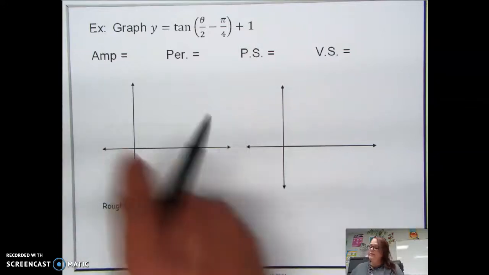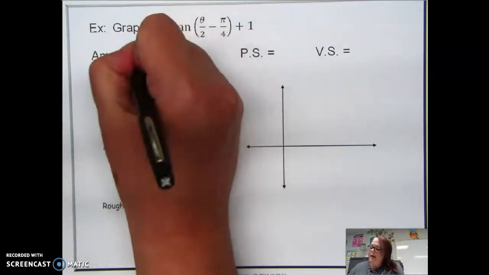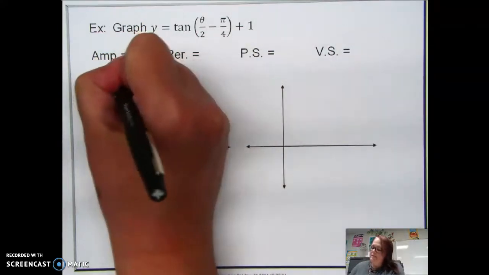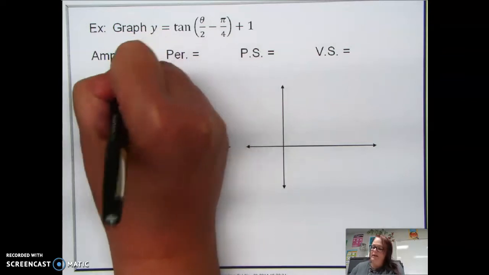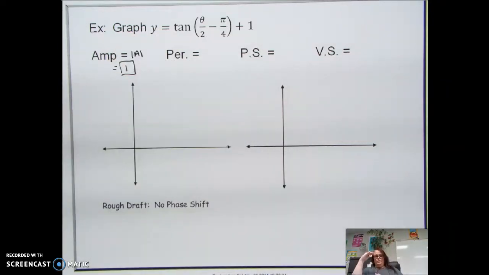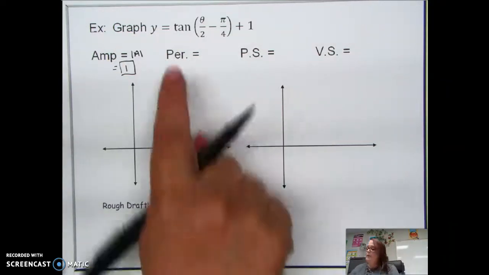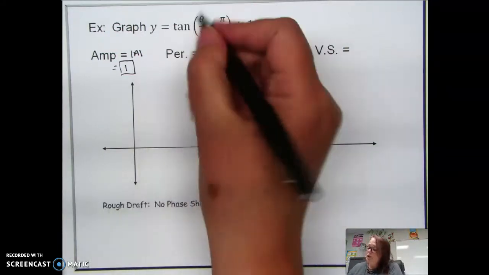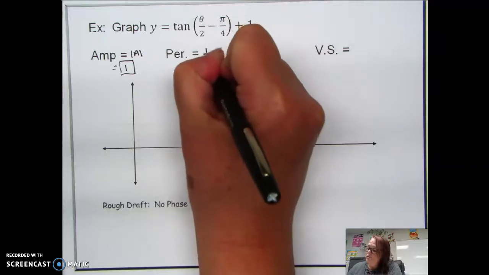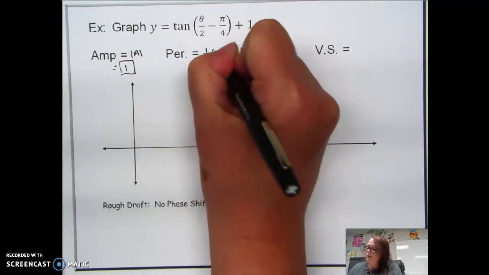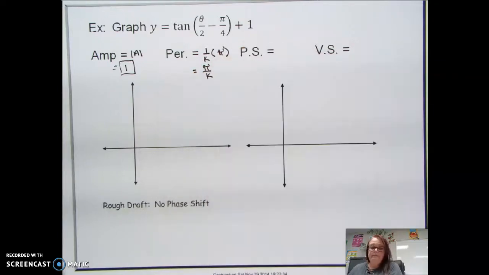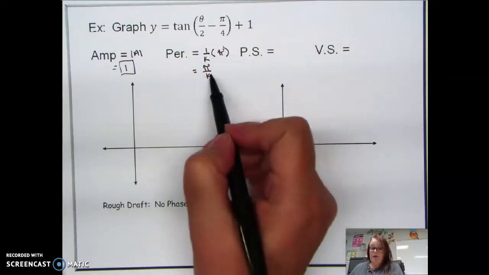All right. So my amplitude, that's still the absolute value of A, and so my amplitude is going to be the absolute value of 1, which is 1. So that's nice. I don't have to worry about a vertical stretch. My period, the normal period for tangent, is going to be pi. So if I do my scale factor, which is 1 over k times a normal period for tangent, do you see that that formula is going to be pi over k instead of 2 pi over k?